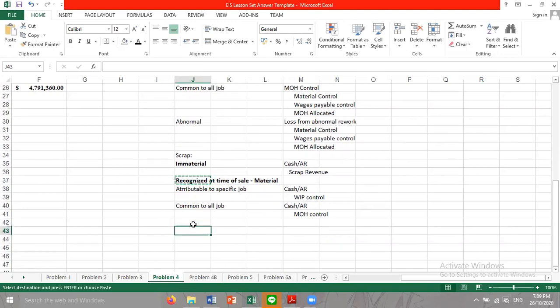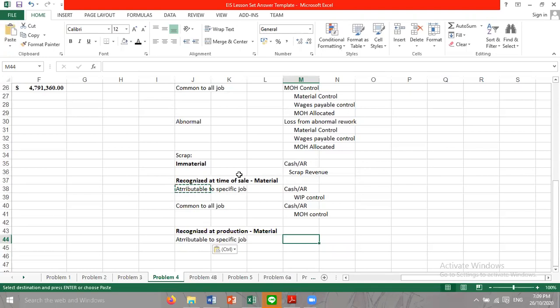However, aside from recognizing at time of sale, there's a different approach, which is recognizing at time of production. Once again, there are two possible scenarios. First is attributable to a specific job. If we recognize at the time of production, we need to record the journal when it is stored in the storeroom.